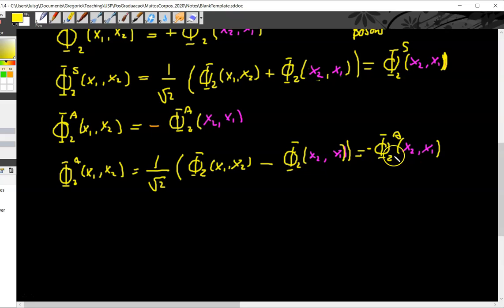So it's going to be minus this. So this is for fermions. All right. Then this is symmetric. I call it S because it's symmetric under the exchange of the two particles, and this is antisymmetric under the exchange of the two particles.